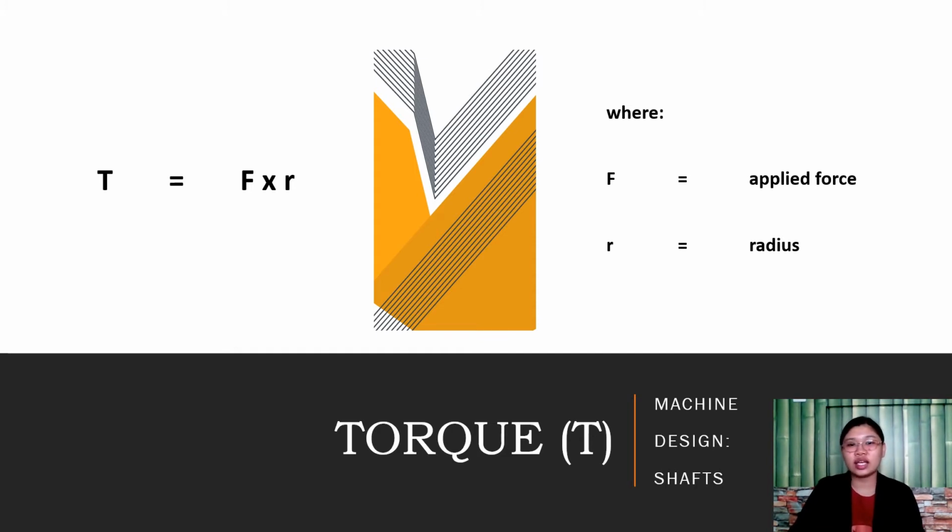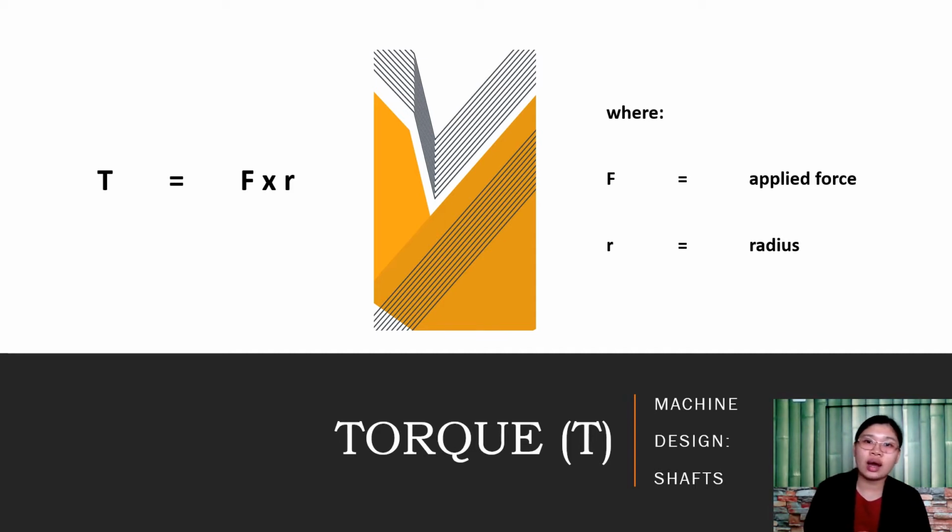Again, the unit of the torque will depend upon the unit of the force and the radius. For example, your force is in kilonewton, and your radius is in meters, so your resulting torque is in kilonewton meter.